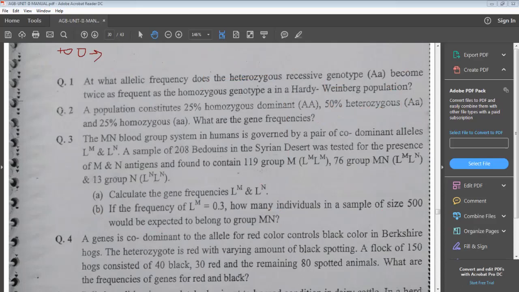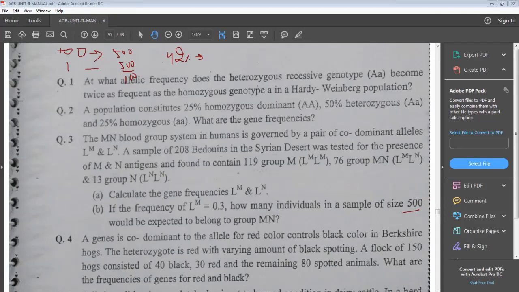Now the population size is 500. 100% of the population is 500, so 1% is 500 by 100. Now our value was 42%. In this way we can calculate the number of individuals which are having MN blood group out of 500.